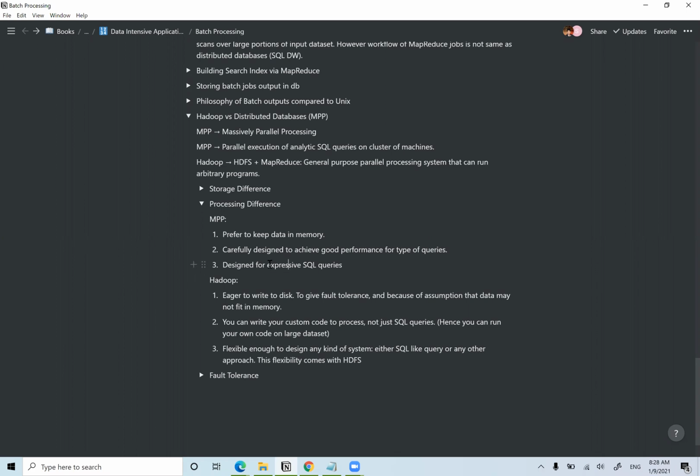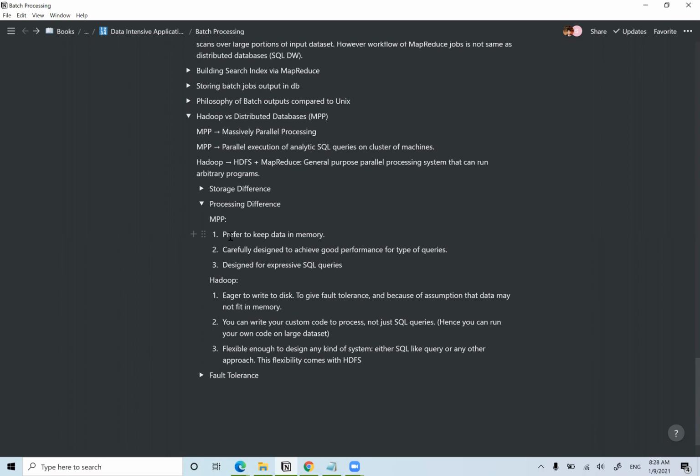If you want expressive SQL kind of queries, there have been things built on top of it which give you those functionalities. Similarly, whatever the advantages of Hadoop, like if your data is spilling and cannot fit in memory, it writes to disk, MPP kind of systems are also trying to do that if you need that functionality.